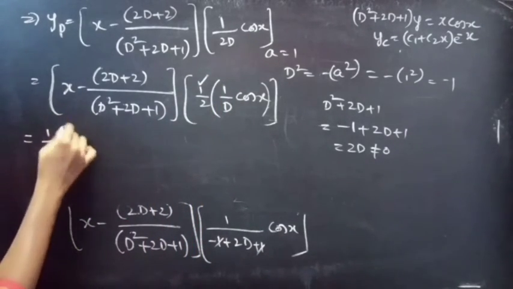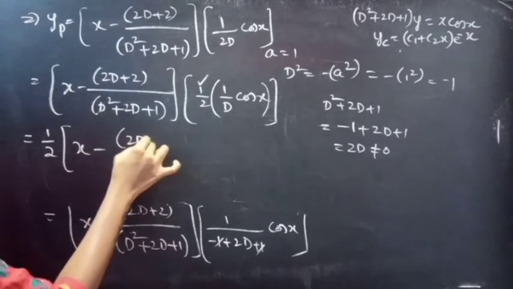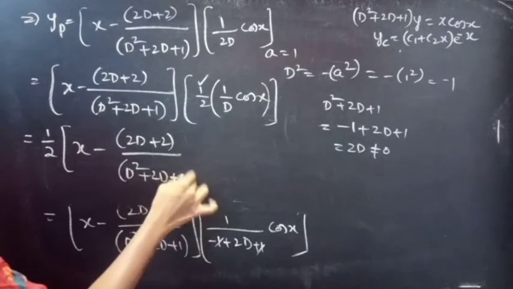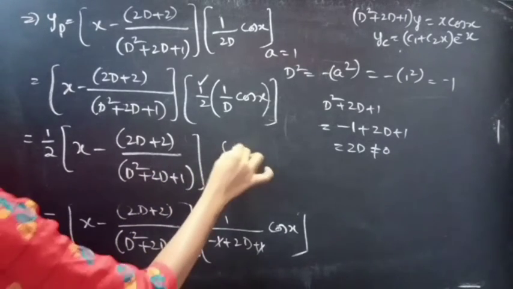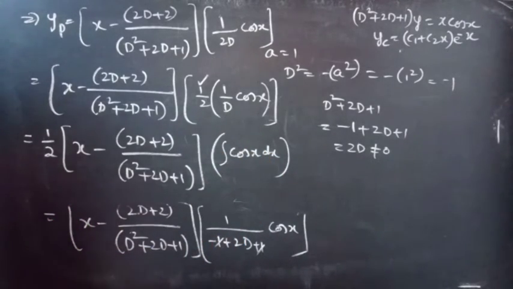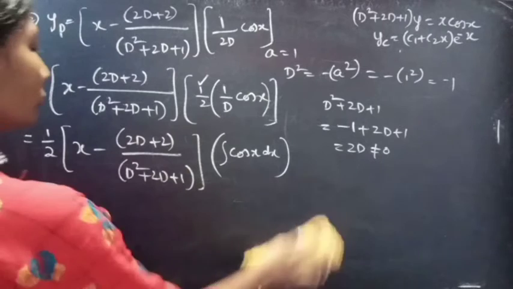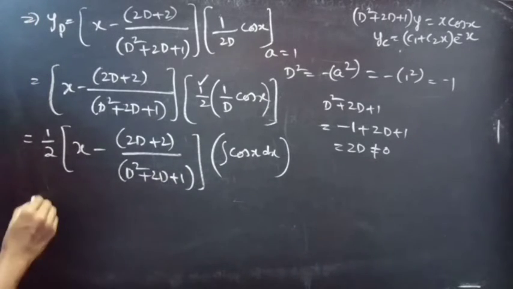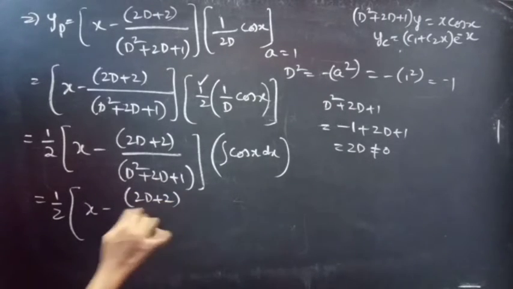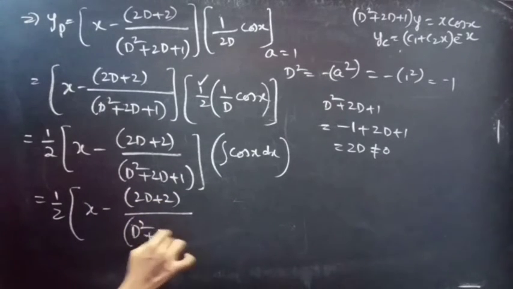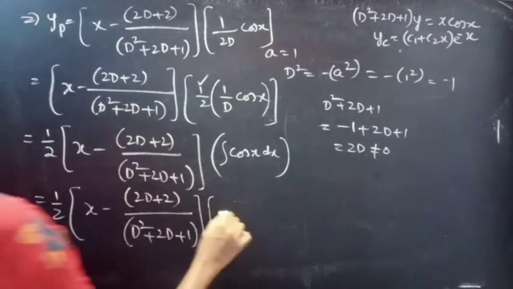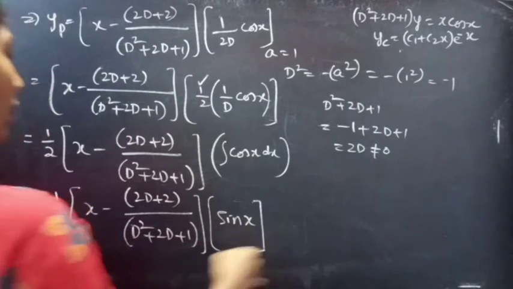We'll get 1/2 into x minus (2D plus 2)/(D² plus 2D plus 1) into integral cos x dx, which equals 1/2 into x minus (2D plus 2)/(D² plus 2D plus 1) into the integral of cos x dx, which is sin x.